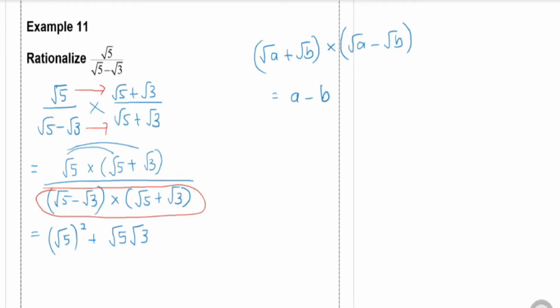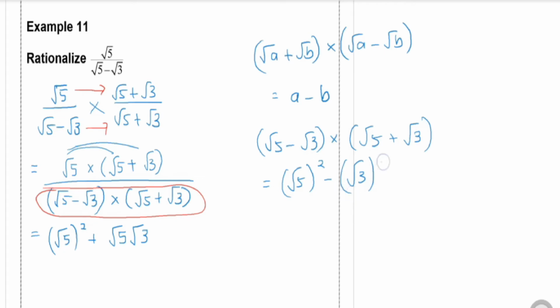Similarly, for our question, we have (√5 - √3) times (√5 + √3), and we are multiplying by its conjugate, so it will be √5 squared minus √3 squared.